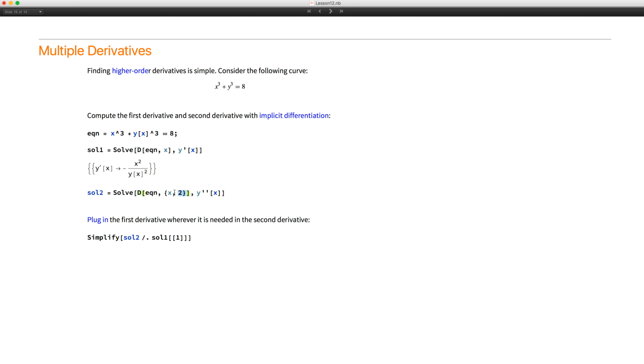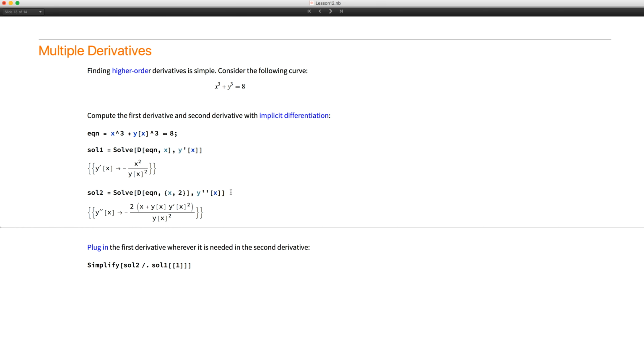Then you find the second derivative by putting the 2 over here for second derivatives, and you get back the second derivative. Unfortunately, the second derivative has the first derivative in it. But then you can use the earlier step to plug in values. So you plug in the first solution into the second one, and you get back the second derivative now in a much simpler form where it depends only on x and y.